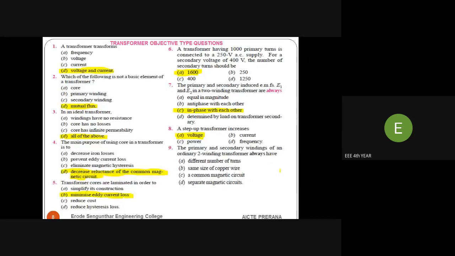The primary and secondary winding of an ordinary two-winding transformer always have a common magnetic circuit. The magnetic flux flowing through the primary winding and the secondary winding is the same. So for question number 9, option C is the correct answer.